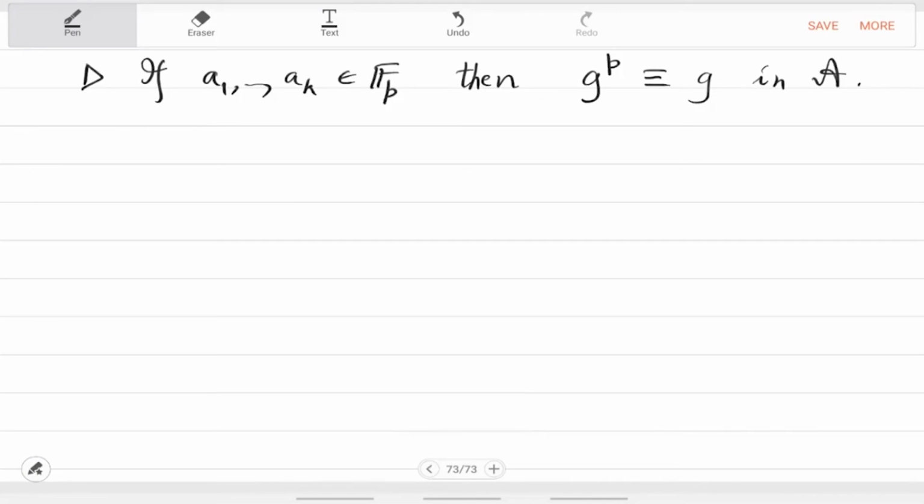The reason for this is when you do Chinese remaindering, you will basically be looking at ai to the p, and ai to the p is ai. This is true for every coordinate, so it's true for the whole tuple. So the whole tuple raised to p is equal to itself, which means that g raised to p is equal to itself. Is that clear?